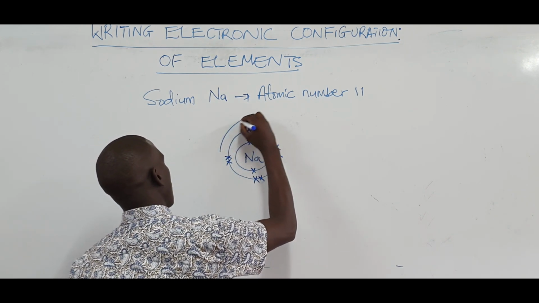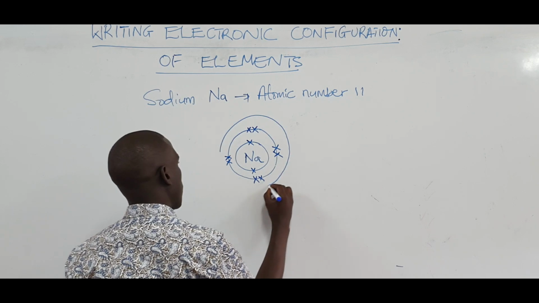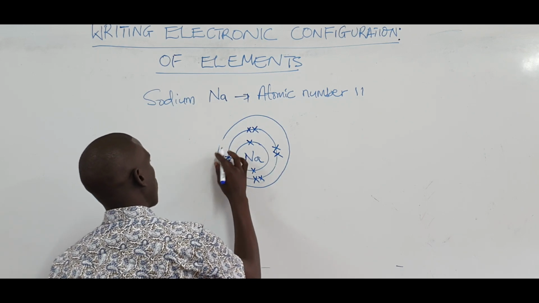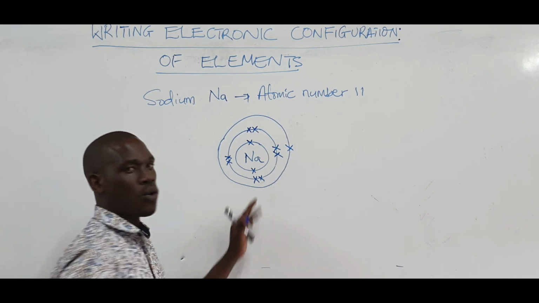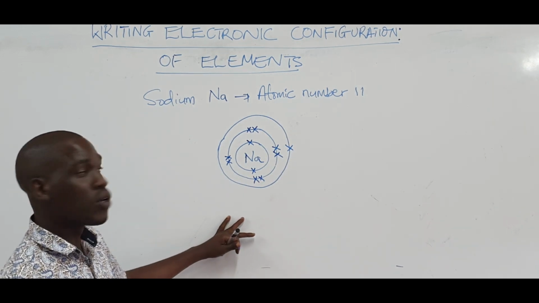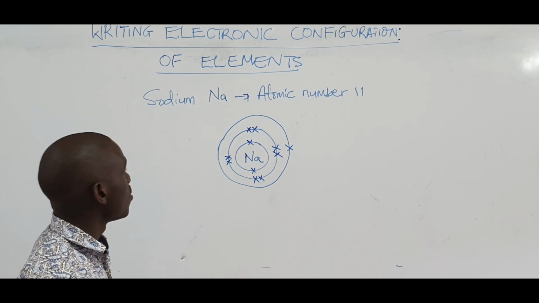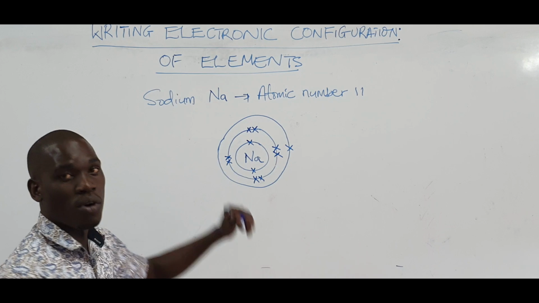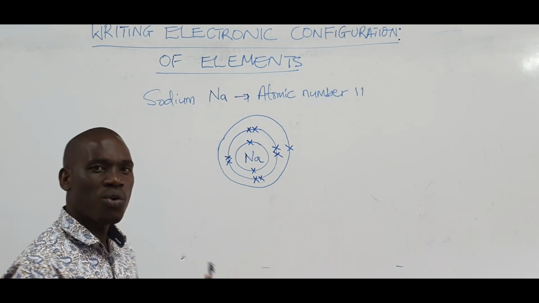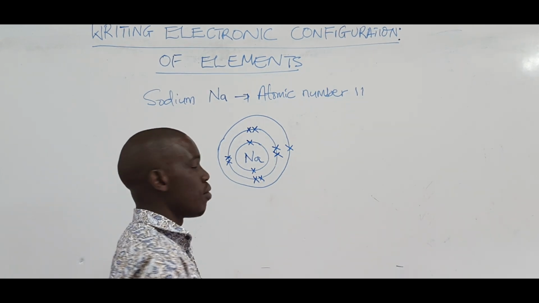Then you have the last one. So, this is how the electrons are arranged in an atom of sodium.